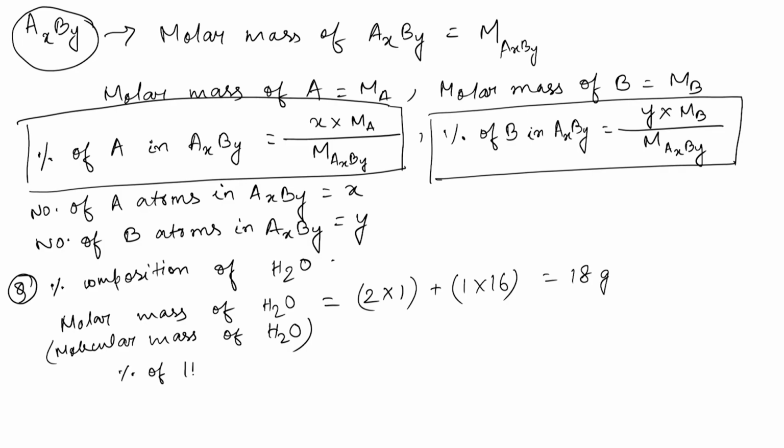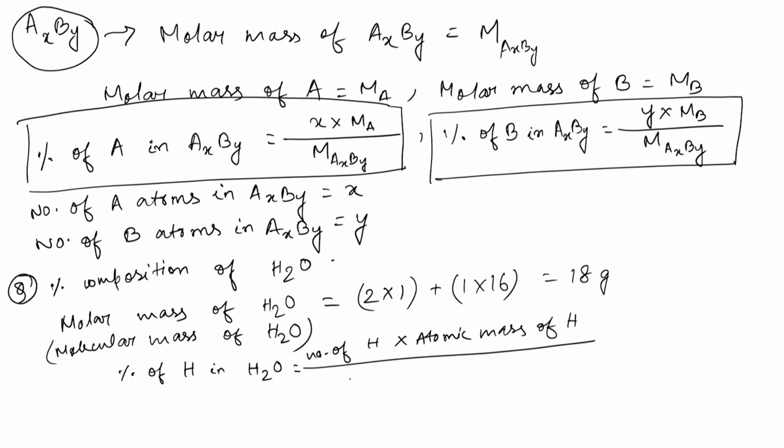So, percentage of hydrogen in water will be equal to the number of hydrogen into the atomic mass of hydrogen divided by the molecular mass of water multiplied with 100.